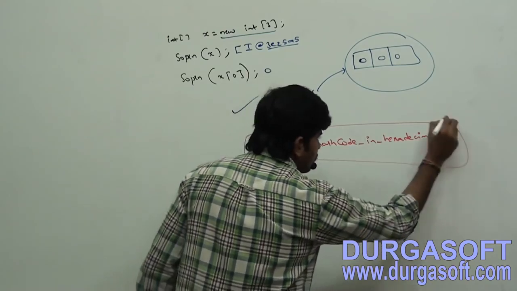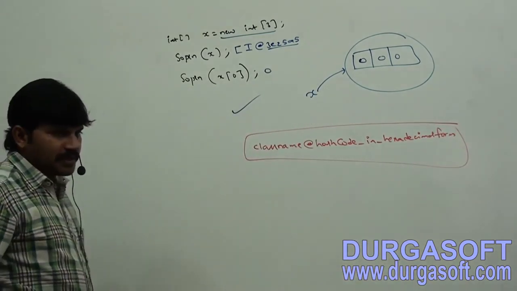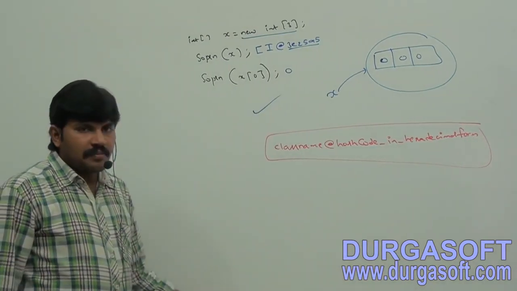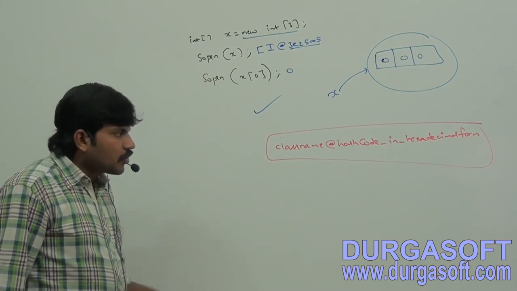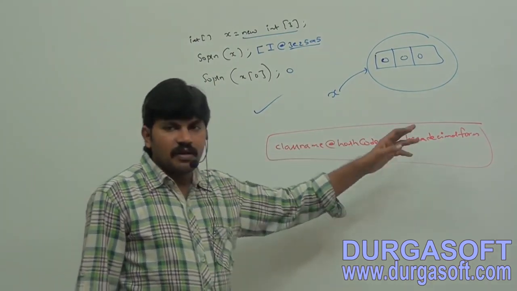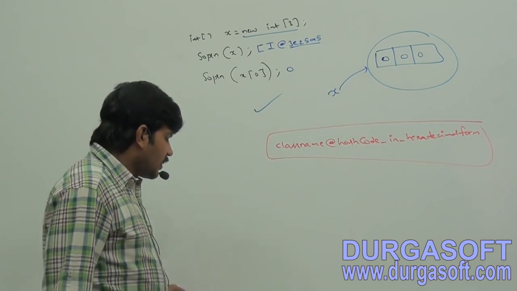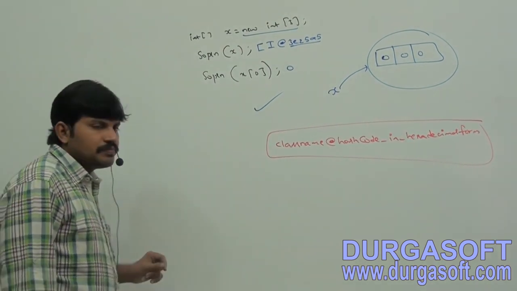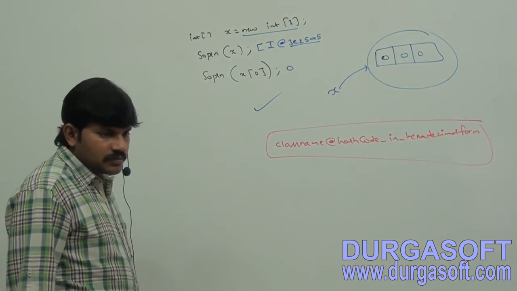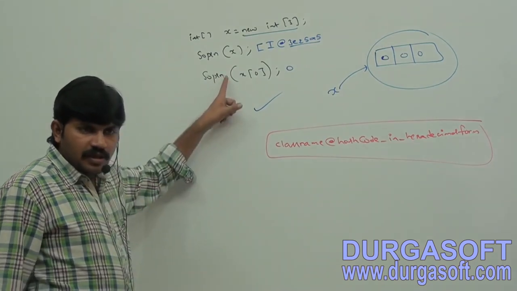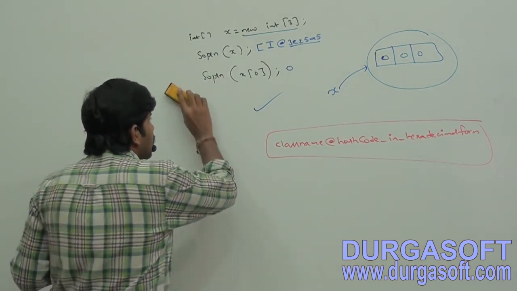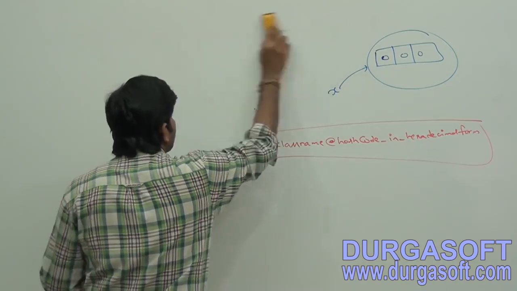Okay, take this one. In the java.lang package I will explain more. Class name at the rate hash code in hexadecimal form. Completed, I hope.